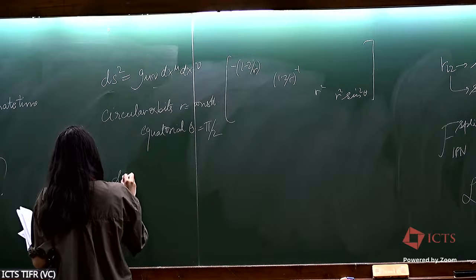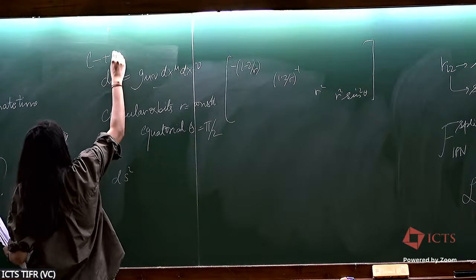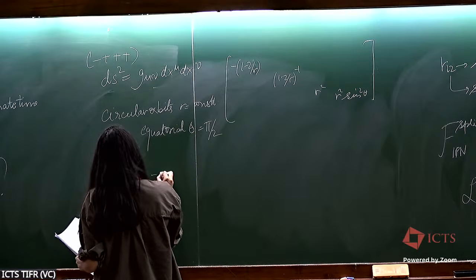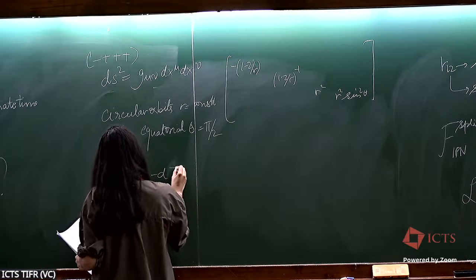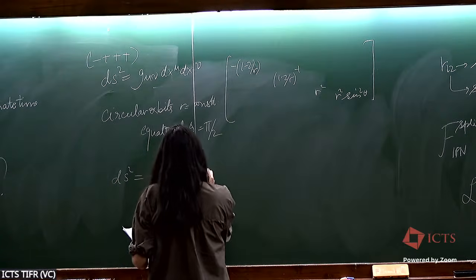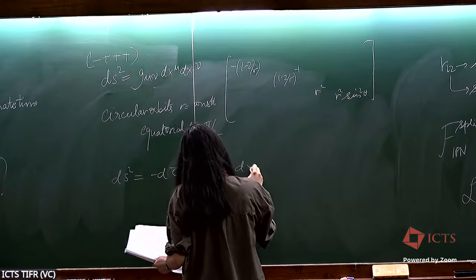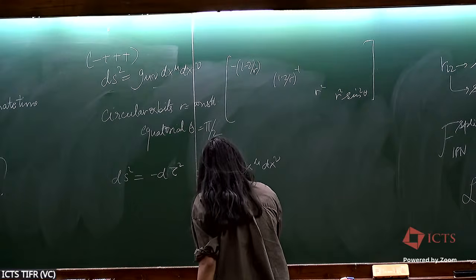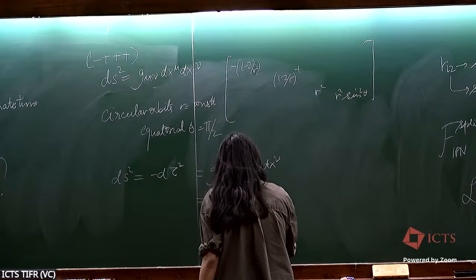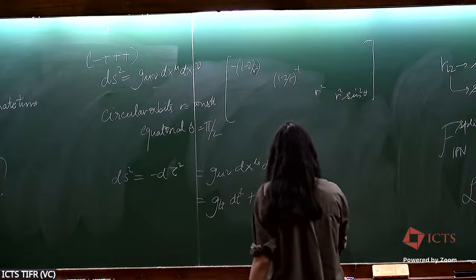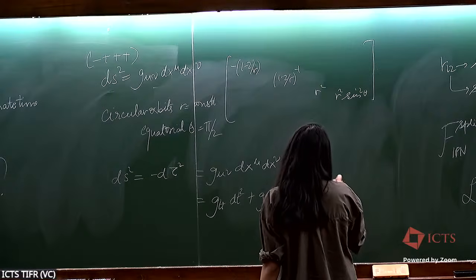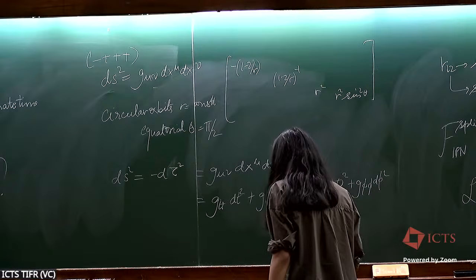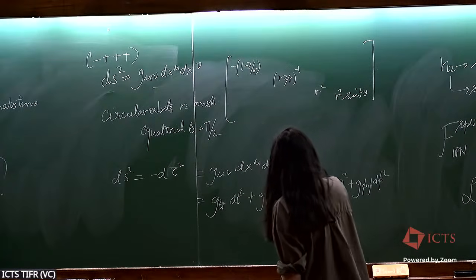The metric convention that we are using is minus plus plus. The line element is related to the proper time like this, only with diagonal elements present. We assumed the circular condition, r was constant, so the dr square term disappears.